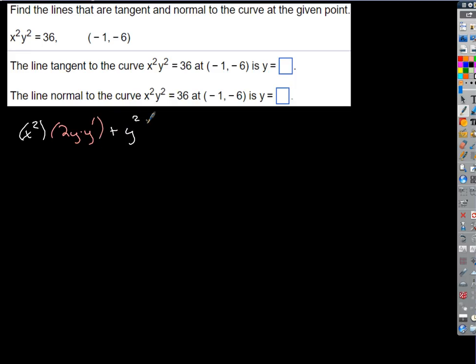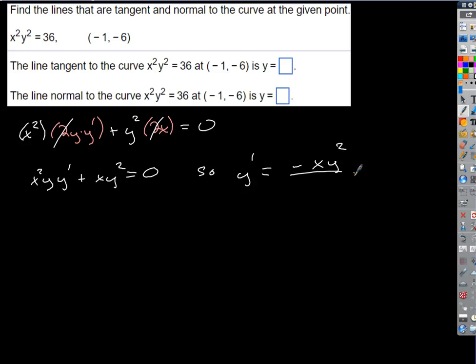Plus y squared times 2x equals 0, okay? So I could divide each side by 2 and get rid of those. And then I would just get x squared y prime plus x y squared equals 0. So if I isolate the y prime, I'm going to get negative x y squared over x squared y.